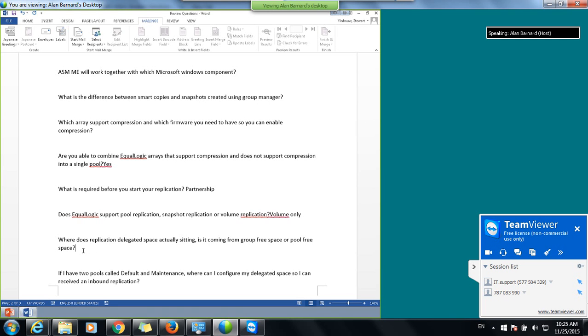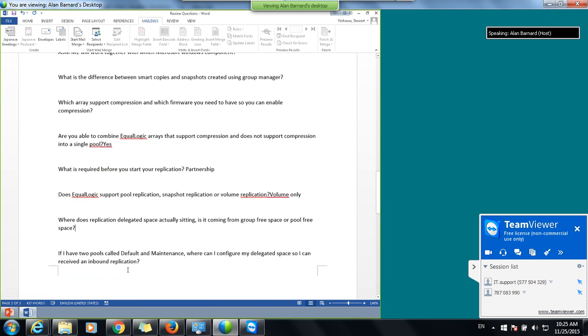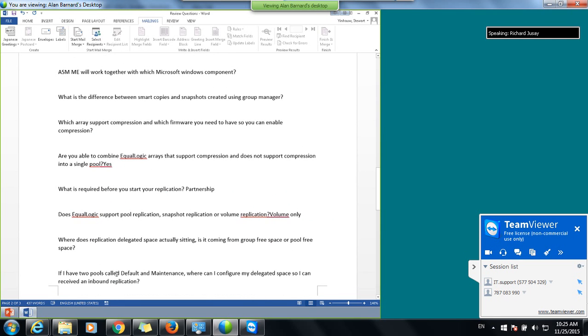If you have, for example, 50 gig delegated space, where is that delegated space coming from? Is it from the group free space or the pool free space? Pool free space. Nice. Yeah, so group free space, it's nothing. What is important in EqualLogic is the pool. Group is just the way you manage it.